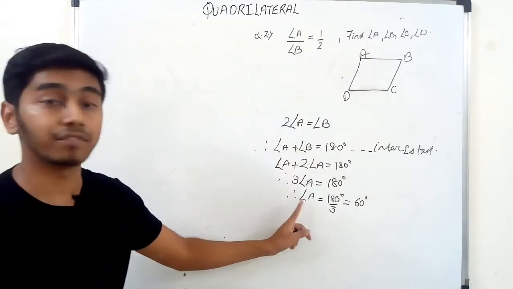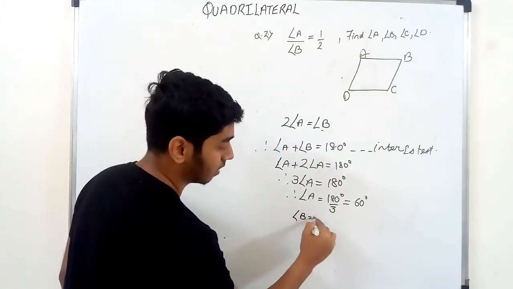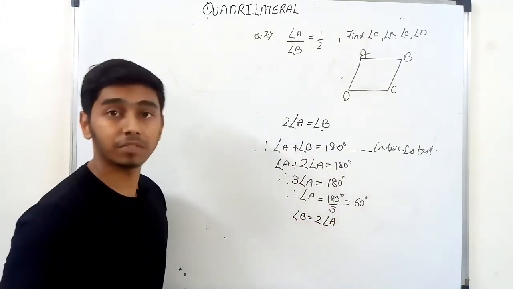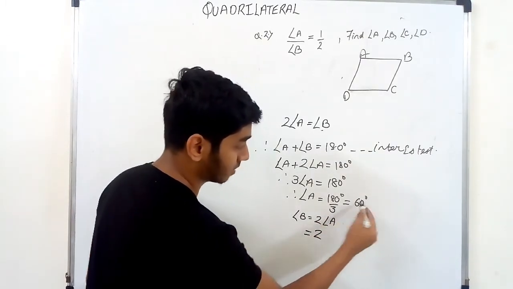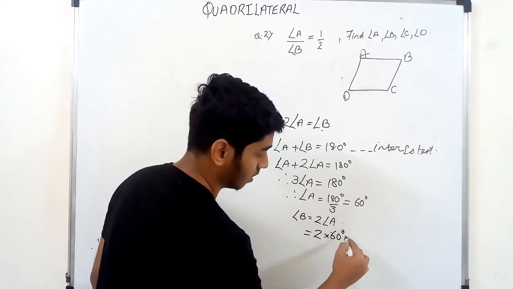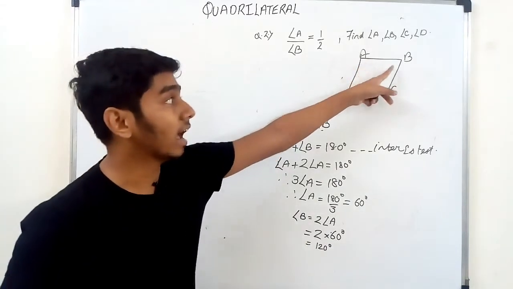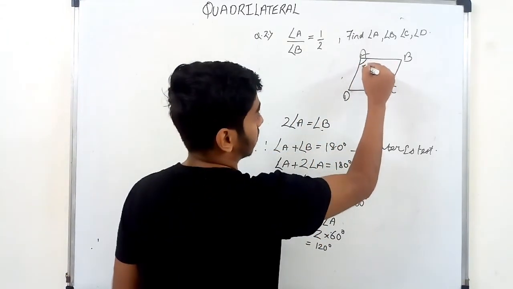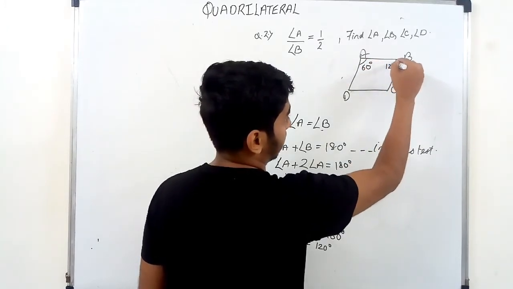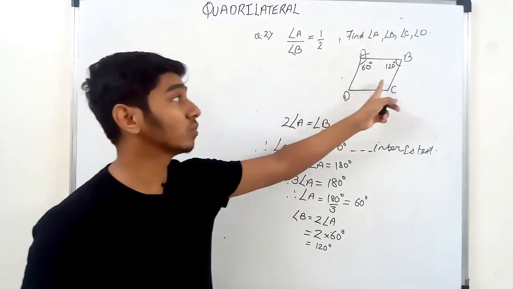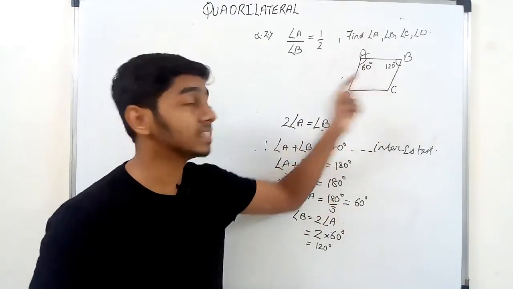Now if we have found angle A, how can we find angle B? Angle B is equal to 2 times angle A. Yes or no? Therefore this is equal to 2 times 60, which is equal to 120. So we have got A and B, which are 60 and 120. Now we can also find C and D, because opposite angles are congruent. In the same way, A and C will be congruent.